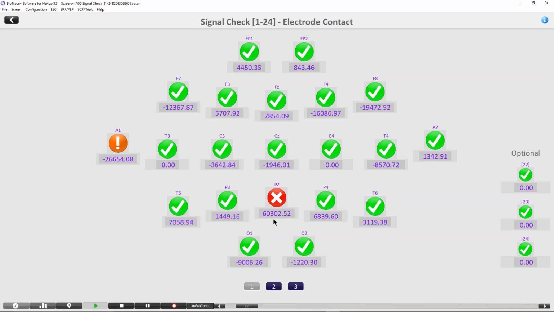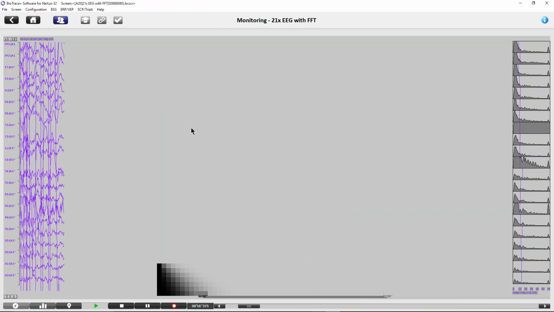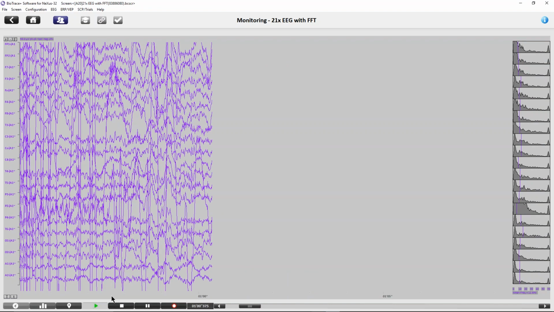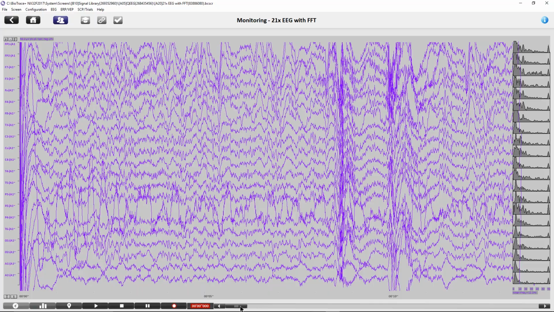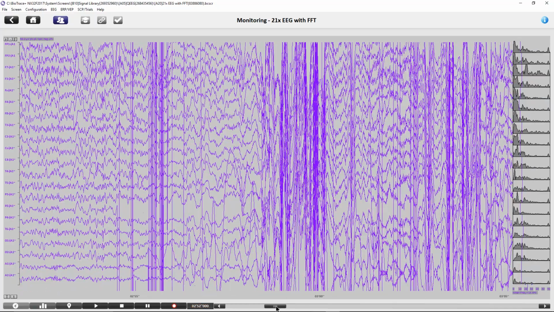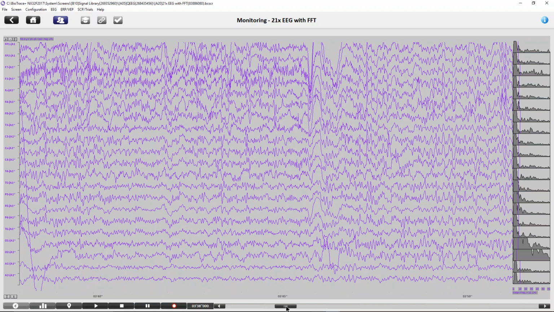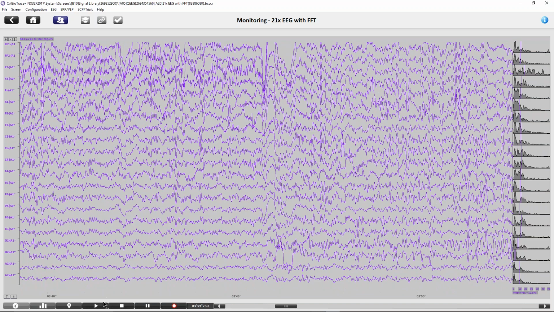Now we've got a connection at PZ, but that's really high. So I've got some problems with my connections, and so I've got to go and correct those problems. What I'm going to do is just scroll past all this period of time that I was working on the connections and get to the point where I have a good connection.